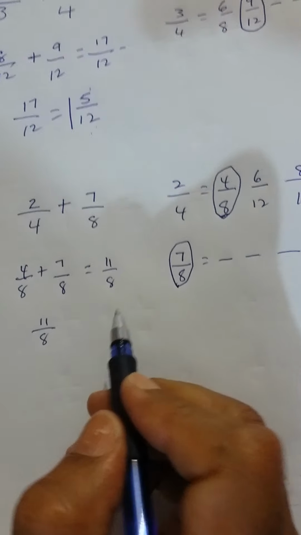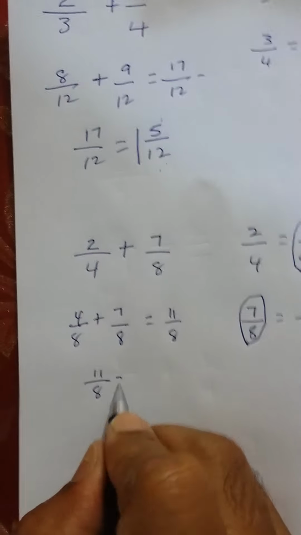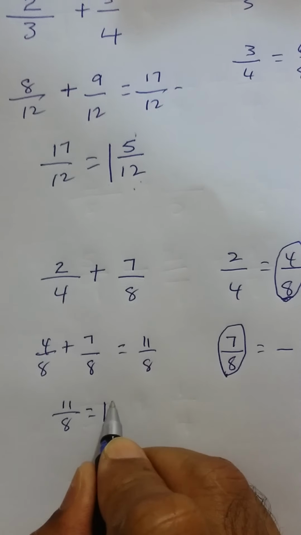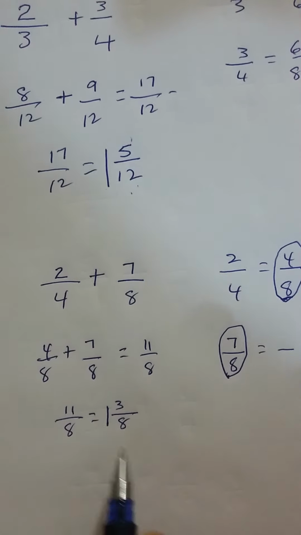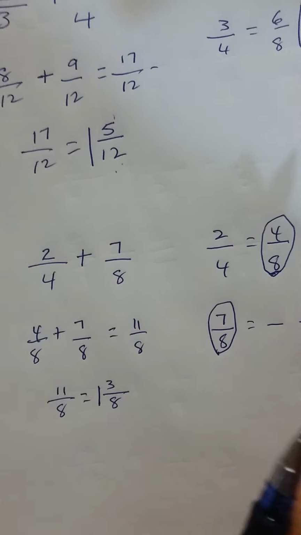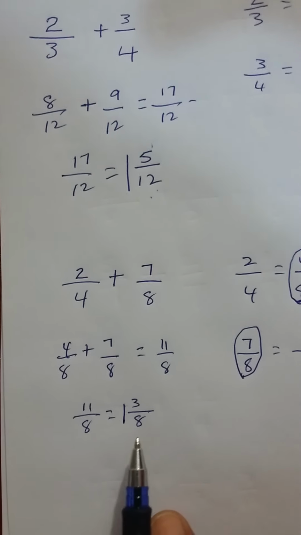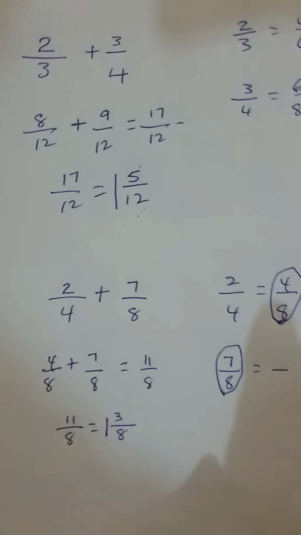That's an improper fraction. What do? We change it to a mixed number. So 8 into 11 is 1, remainder 3/8. Alright, and just in case you cannot change your improper fraction to a mixed number, you need to go and look at the other video that dealt with that, because we would have done these skills already.